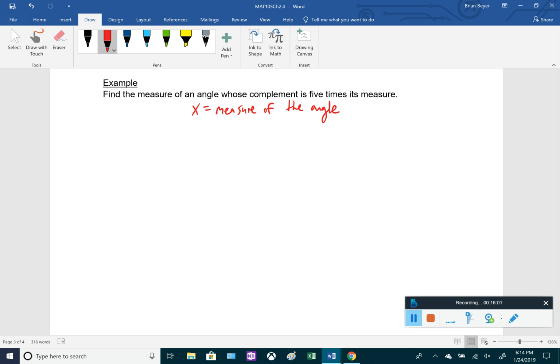If x is the measure of an angle, we have to think about how we can represent the complement of that angle. We know that two angles x plus y have to equal 90 degrees if they're complements. So if we subtract x on both sides, that gives us y equals 90 degrees minus x. So the other angle, its complement, has to be 90 degrees minus x. So this one is going to be the measure of its complement.